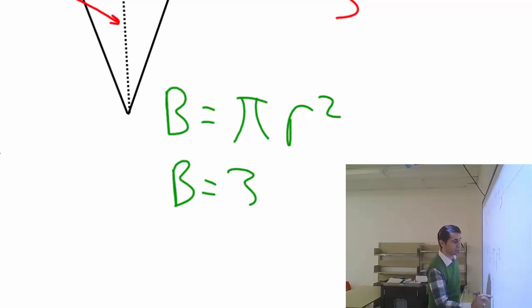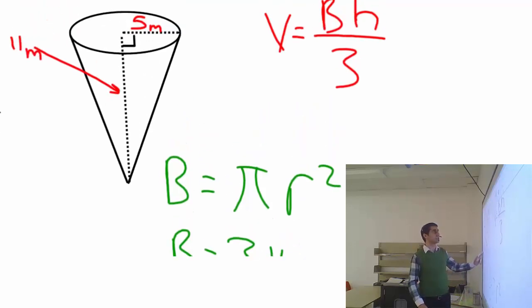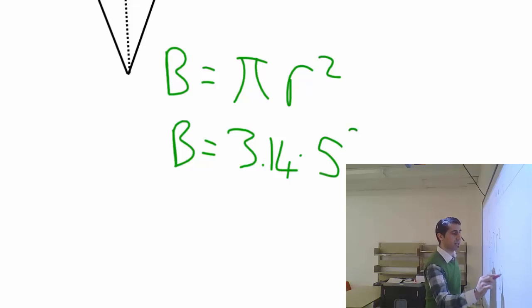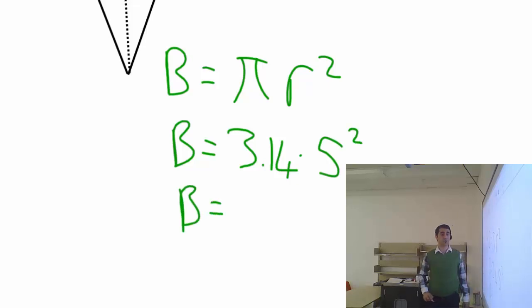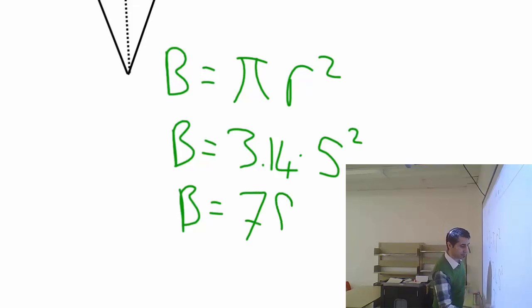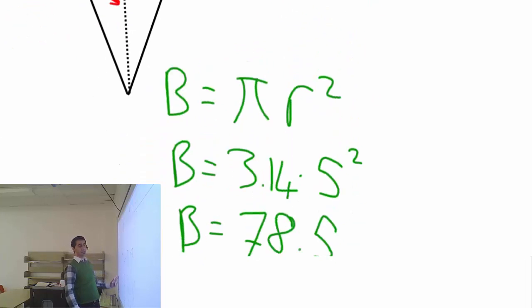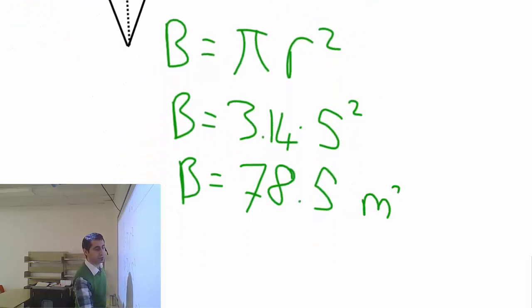And let's keep going and calculate the B base area. Pi is 3.14 times r, radius given to us is here, 5. And do remember that's the square. And B equals, use your calculator and do 3.14 times 5 square, and you will get 78.5. 78.5, and that will be the unit meter square.